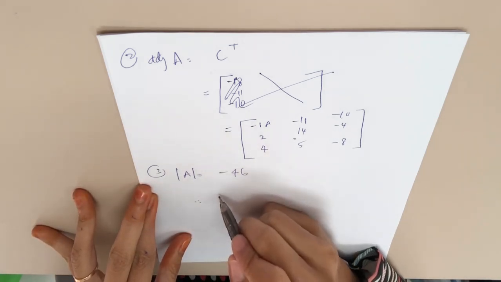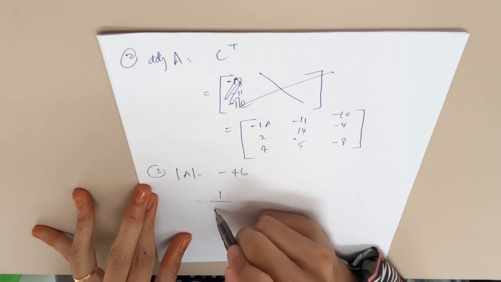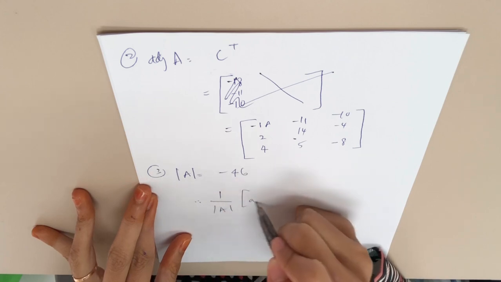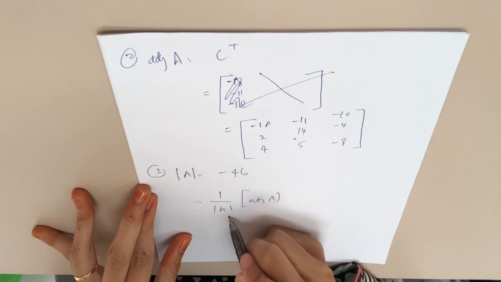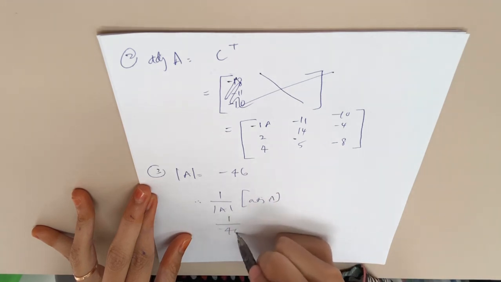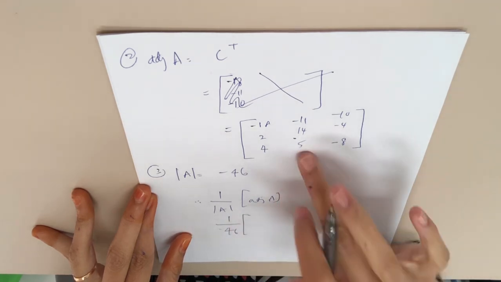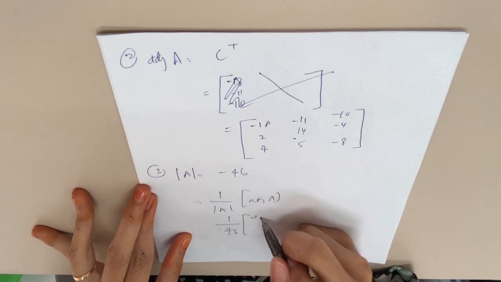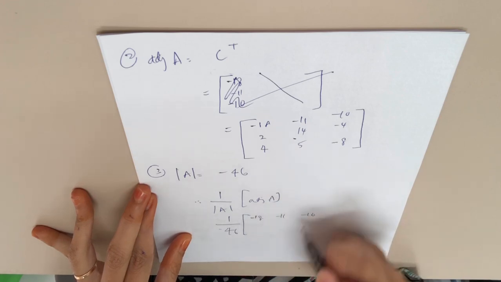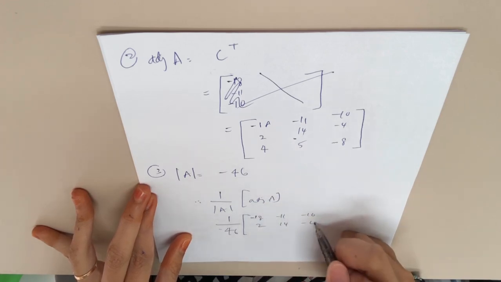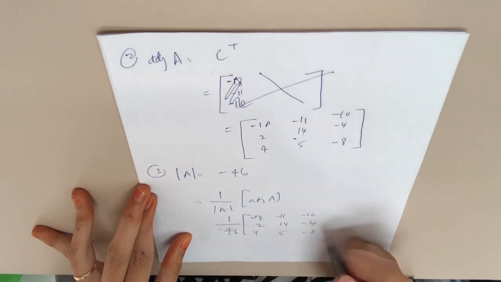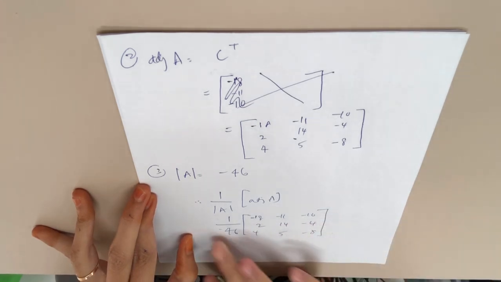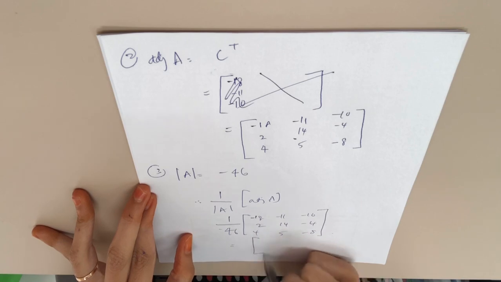So lastly, the answer here is 1 over -46 times this: -18, -11, -10, 2, 14, -4, 4, 5, -8. It is better for you to simplify.